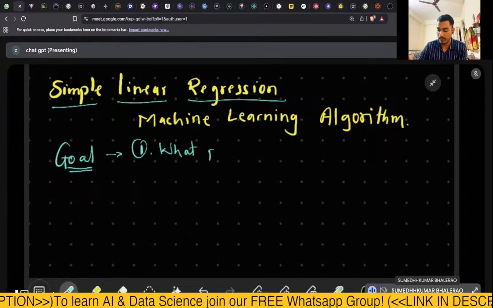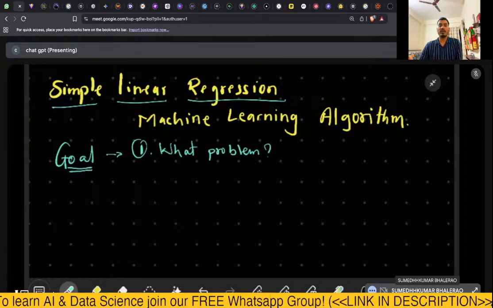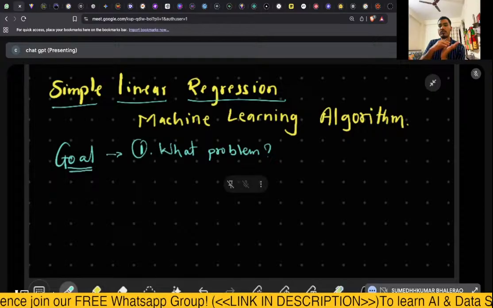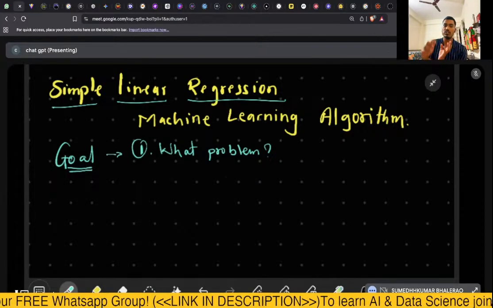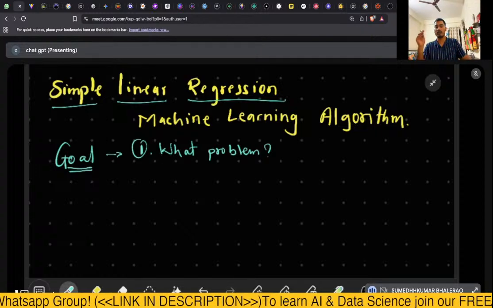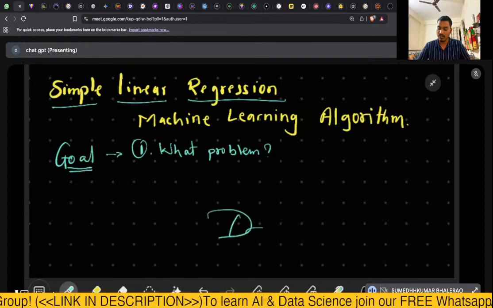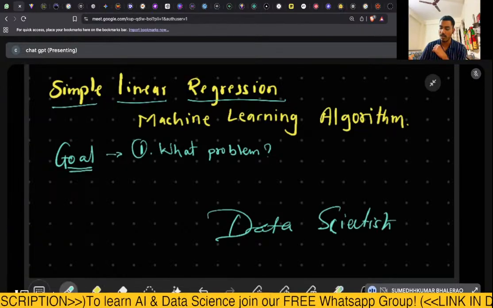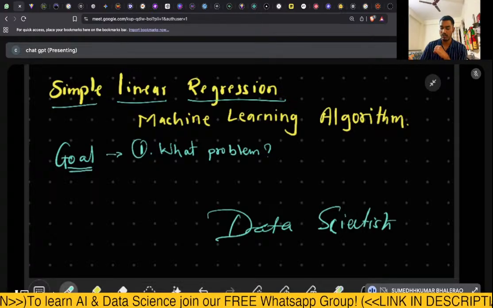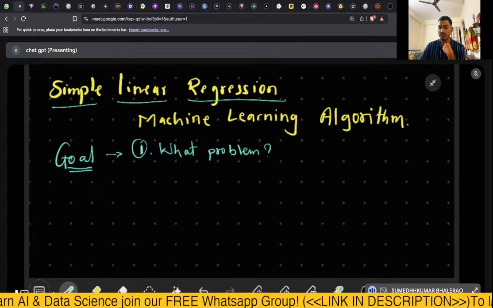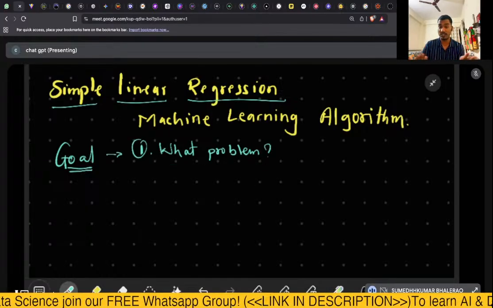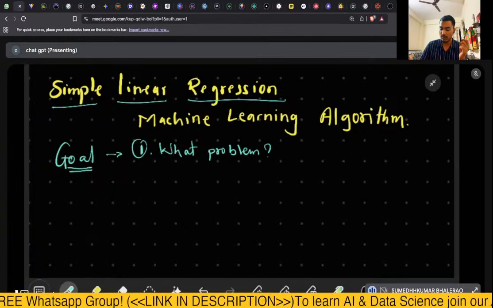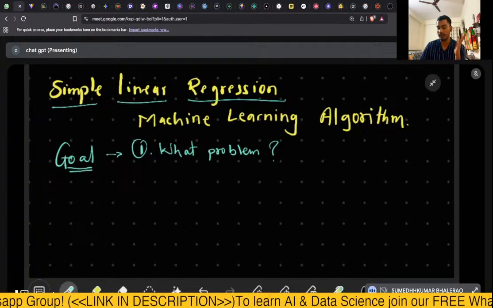There will be some problem, you will get some data for it, and you will be solving that problem using machine learning. Being a data scientist, or any technical person, you are always solving some problem. So this should be the very first question you ask even your manager: what problem are we solving? So the very first thing we will learn about is what problem we are solving.